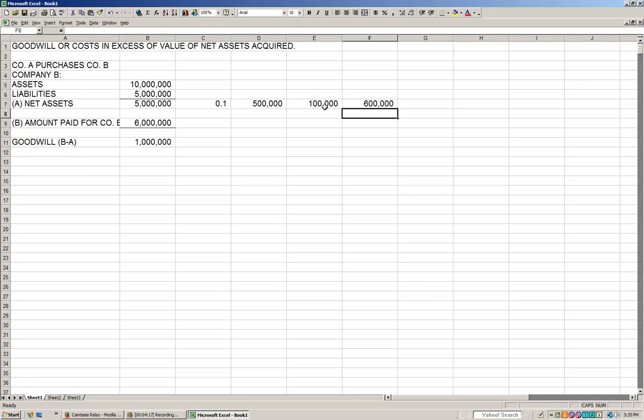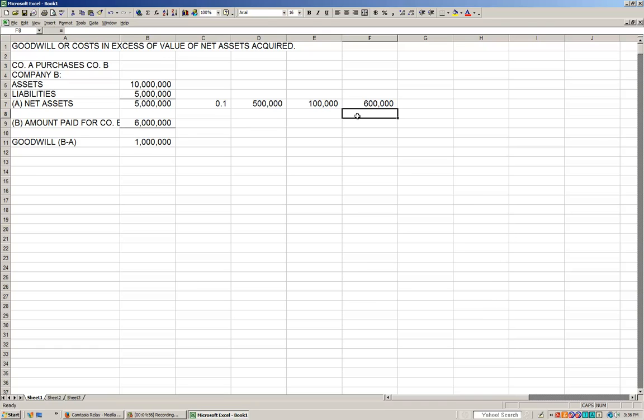Well, how much will we pay, the question is, for this extra $100,000 of earnings? We're willing to pay $5 million for $500,000 a year of earnings, assuming it lasts forever, which is not realistic, but for purposes of illustrating, this is reasonable. How much are we willing to pay for that extra $100,000 of earnings? And if we created goodwill of $1 million, the answer is we must have been willing to pay an extra $1 million for it, which is a 10% return on our $1 million into perpetuity.